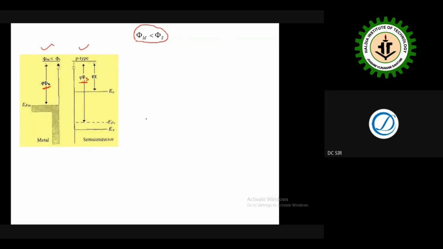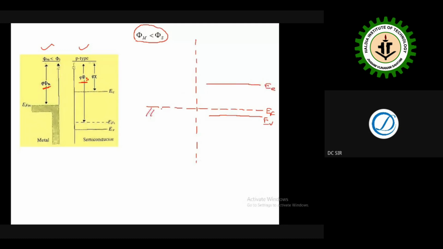Okay, same. First we draw the Fermi energy level, EF, then the metallurgical junction, then the valence band, which is closer to the Fermi energy level, and the conduction band above the Fermi energy level.